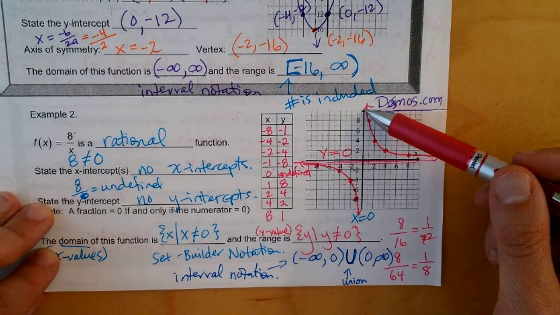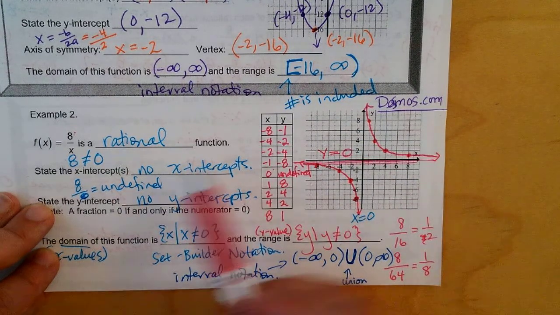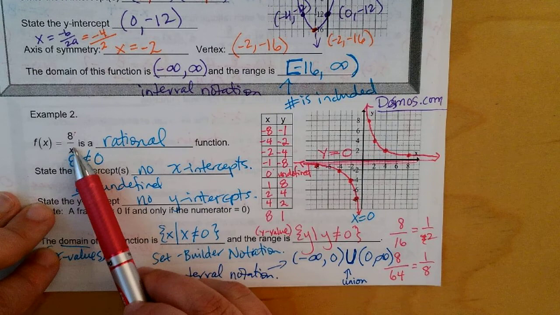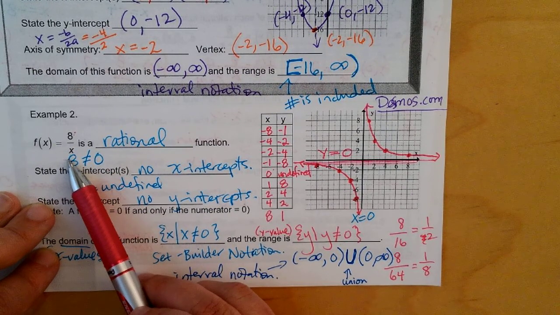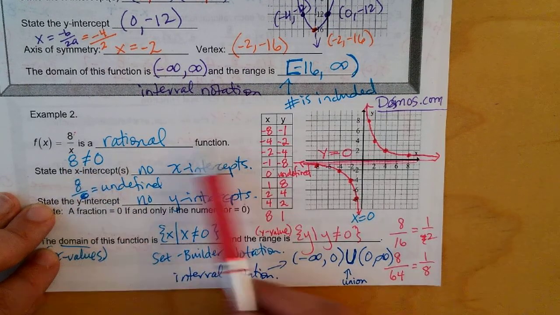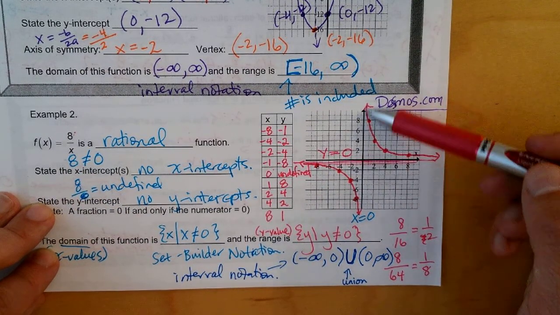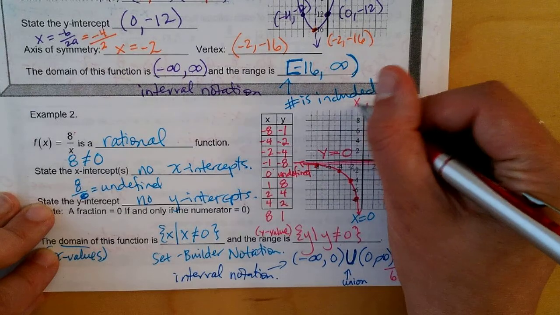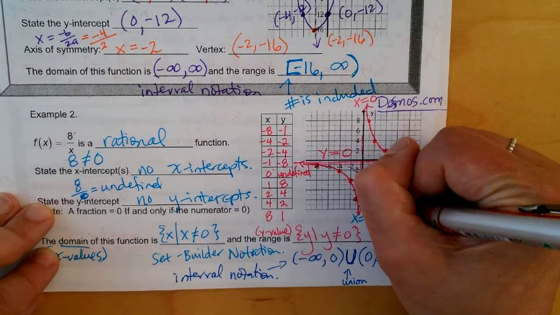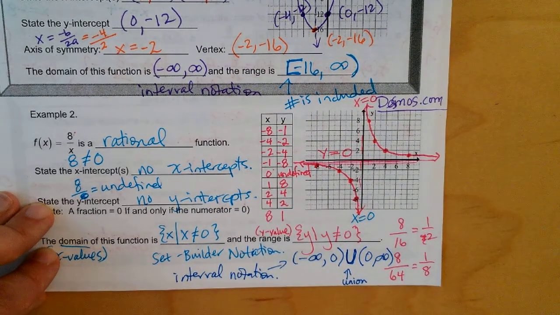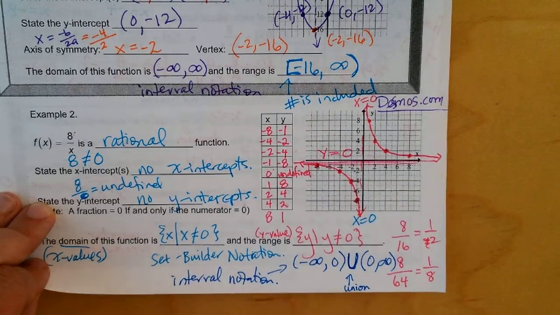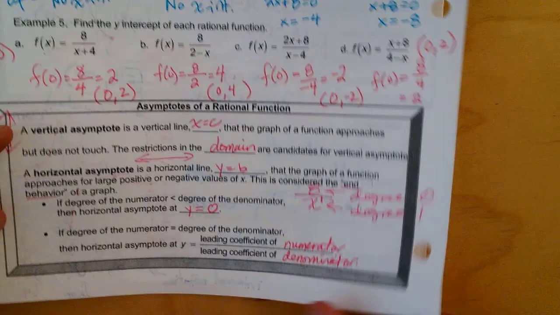And remember what we said about the restriction on the domain. What number could we not use in the denominator? 0, right? That restriction on the domain, x equals 0, is the equation of the y-axis, and that gives us the vertical asymptote. That's where the graph cannot cross.